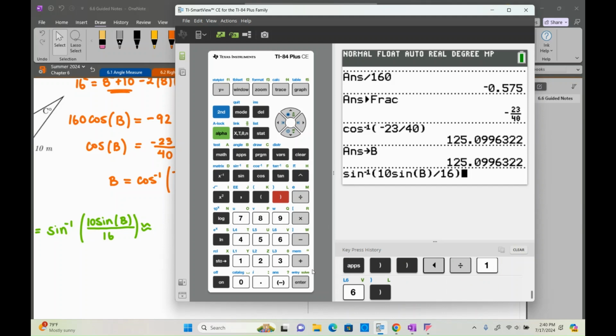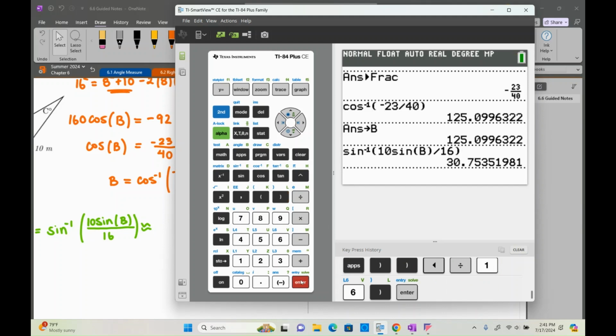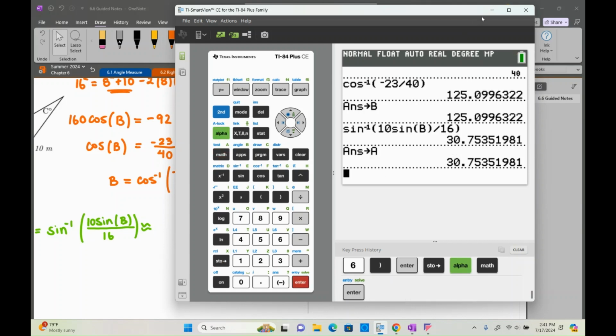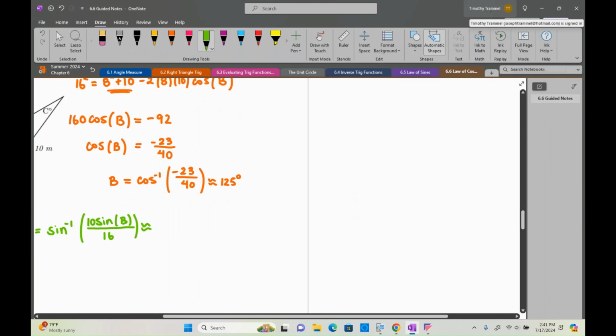So that looks like it matches perfectly. Let's hit enter. If we round this to the nearest degree, this is going to be about 31 degrees, but I'm going to store it as A. There we go. So about 31.